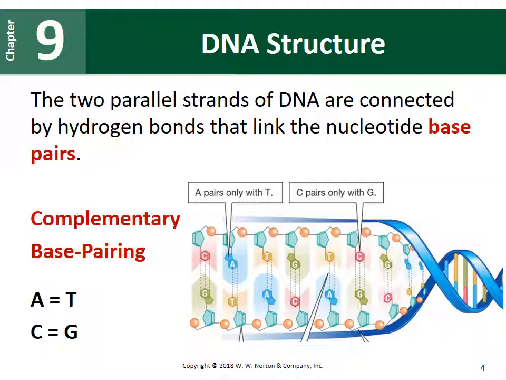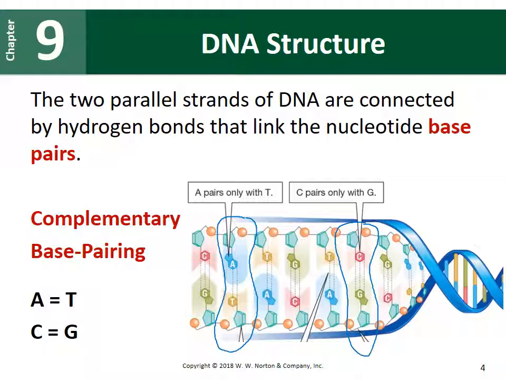And this is not just done randomly, this is done using what's called complementary base pairing, or Chargaff's rules, because they were discovered by a scientist named Chargaff. These rules state that adenine pairs across from thymine, or A equals T. We can see that here. In addition, cytosine pairs across from guanine. So C's pair across from G's.